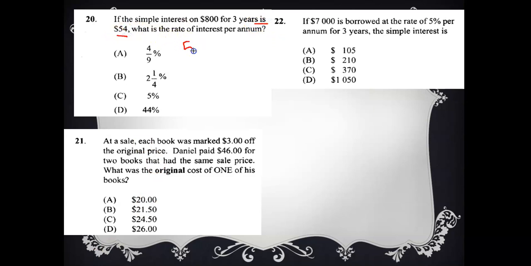So it will be 54 equal, and we know that simple interest is principal times rate times time. So it would be 800 times R times the time is 3 years, all divided by 100.